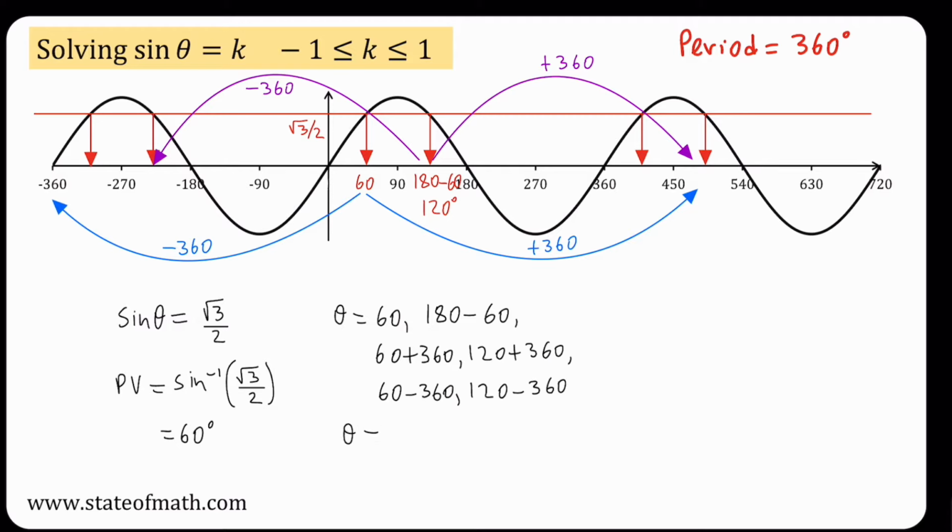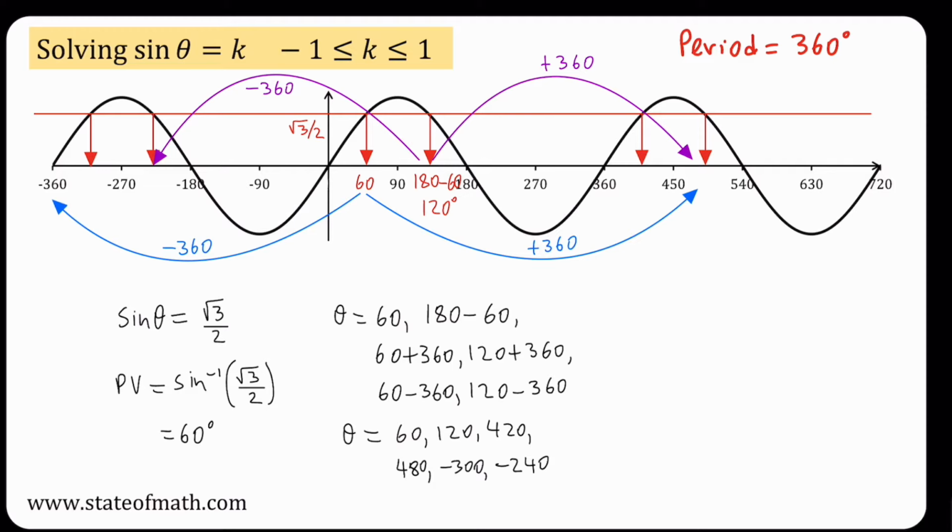So this means that we have 6 cuts here. We've got 6 solutions, and they are 60, 120, 420, 480, minus 300, and minus 240.